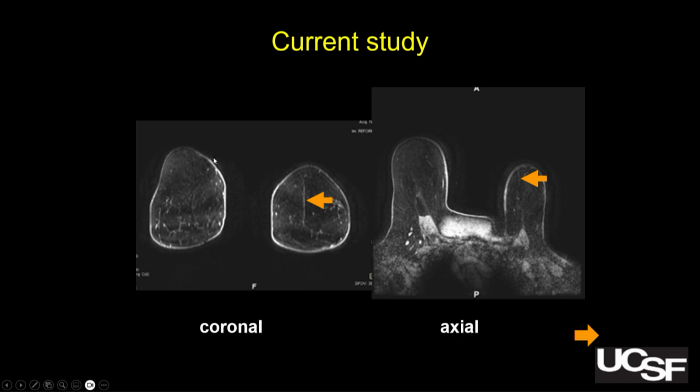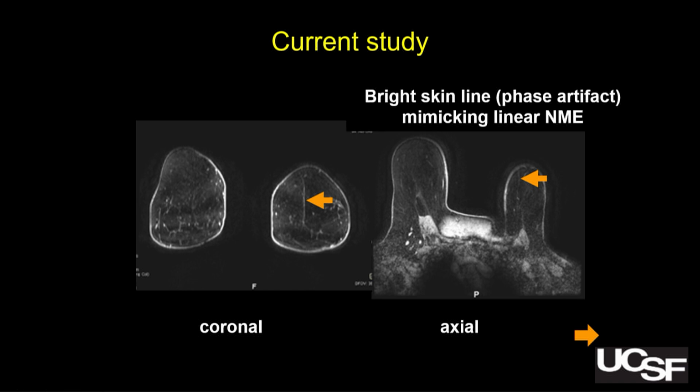So if you were to take this and imprint it over here, I'll tell you, trust me, it's a complete match. Okay? So this bright skin line is due to phase artifact. Remember, we run the phase in right to left because we don't want the heart phasing through the left breast. So we'd rather move our artifact right to left rather than anterior posteriorly.